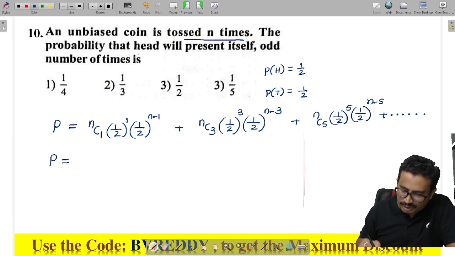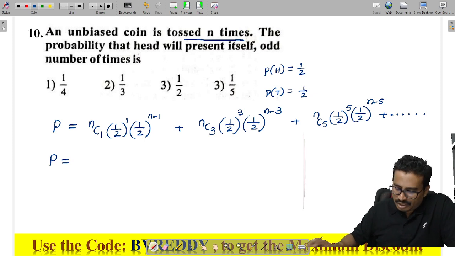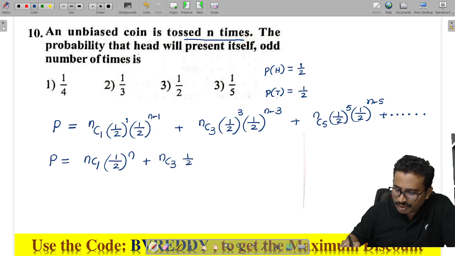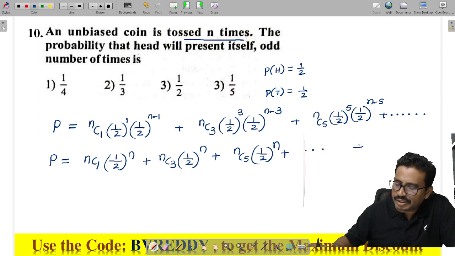Now if we observe carefully, up to n times, NCN, like that. This is nothing but NC1 into 1 by 2 whole power n plus NC3 into 1 by 2 whole power n and NC5 into 1 by 2 whole power n. Like that it will continue, and the last term will be NCN into 1 by 2 whole power n.